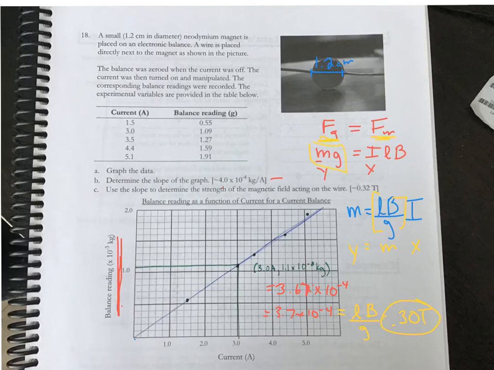Well, the force of gravity is mg, and we know we're dealing with the magnetic force in this equation using ILB. Once we have that and we have our data, we put it in slope-intercept form, then we can forget about what our y and what our x is and use our slope to determine something about the universe. In this case, it's the magnetic field acting on the wire.